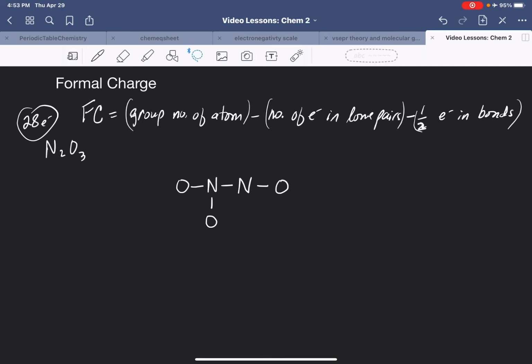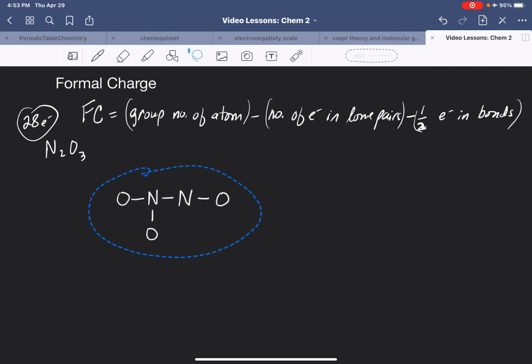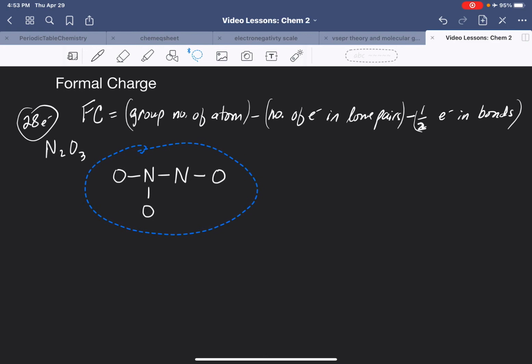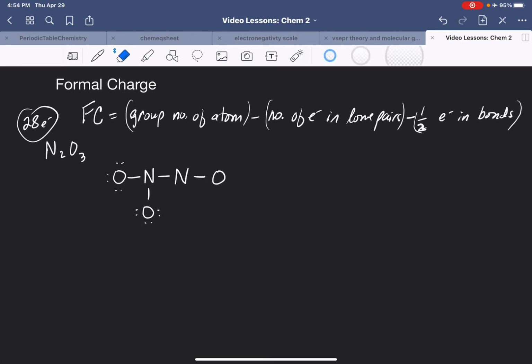So let me move this over because I know I'm going to need some extra room for my math work. So now let's take a look. We fill the octet rule. Around this oxygen, 2, 4, 6, and then 8 for that bond that's there. Around the nitrogen facing our left, 2, 4, 6, 8.